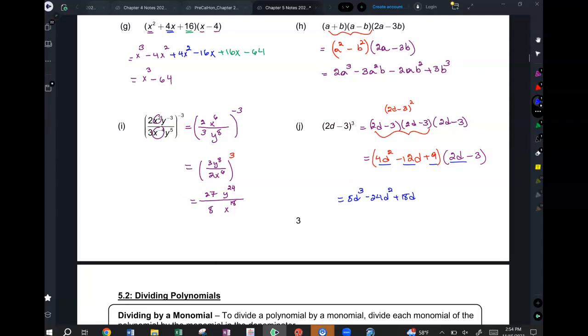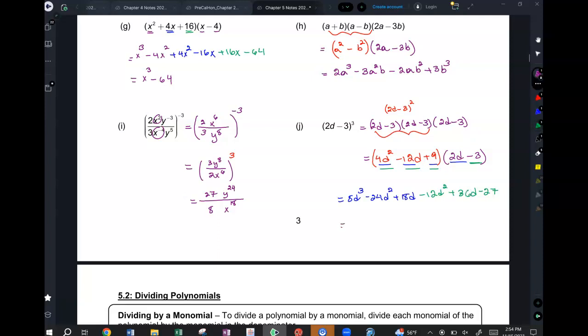And then I'm going to multiply negative 3 to this one, and this one. So negative 3 times 4, negative 12d squared, positive 36d, negative 27.